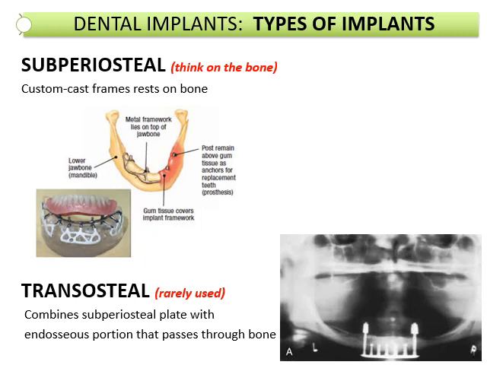The thing I like to point out in this picture is how thin the jawbone is right here. Sorry, my drawing is not so great, but that's a really thin piece of bone. This patient probably wouldn't be a good candidate for an endosseous implant because of the thinning of that mandible.